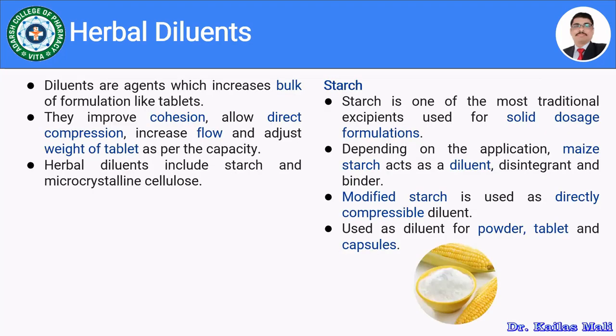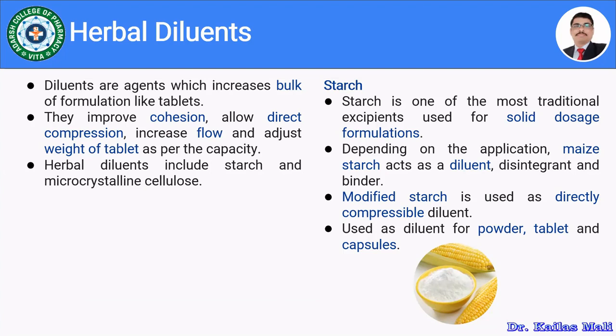Let us see the herbal diluents. Diluents are the agents which increase the bulk of the formulation. They are also known as fillers. A few of the herbal materials are widely used as diluents in the pharmaceutical dosage forms. They have the ability to increase the solubility of the API.